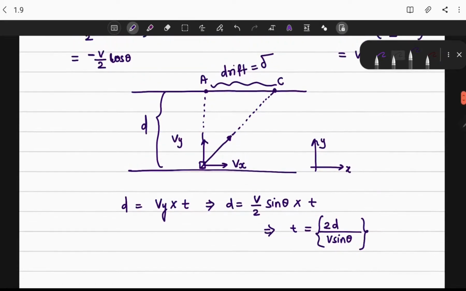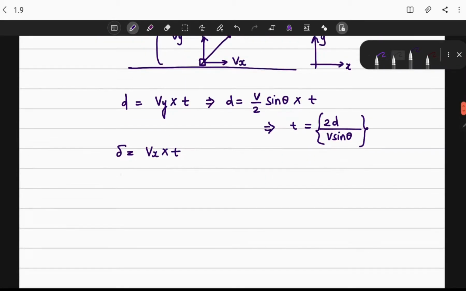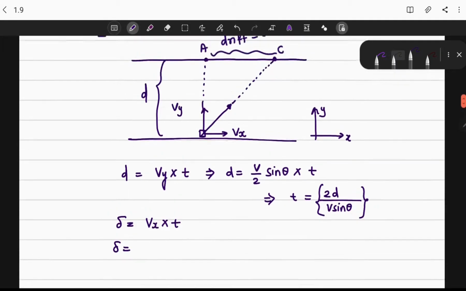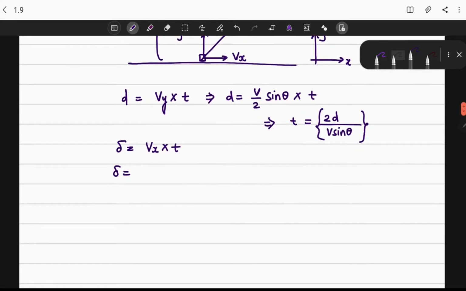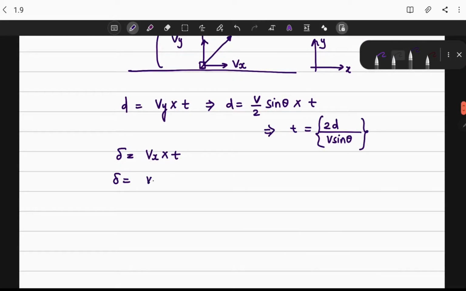Then the drift is equal to vx into time. What is vx? Vx is equal to v plus v by 2 cos theta. So this is v plus v by 2 cos theta into the time, which is 2d upon v sin theta.